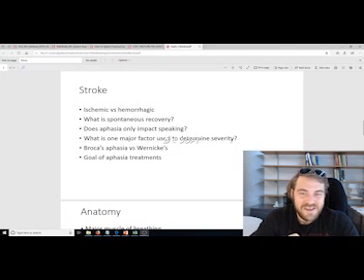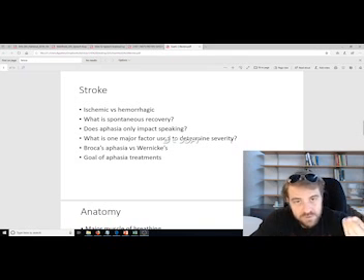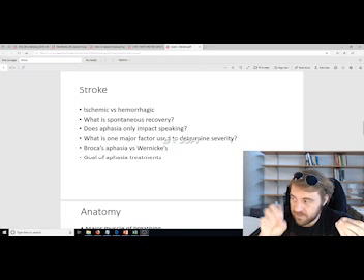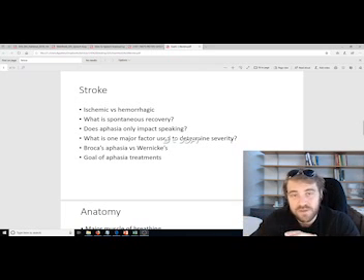Ischemic is that there is a blockage of some sort. It could be a blood clot. It could be swelling is pushing on a vessel. But either way, there's a blockage with ischemic, and there's like an open bleeding wound with a hemorrhagic type stroke. In either case, blood doesn't get to where it needs to.